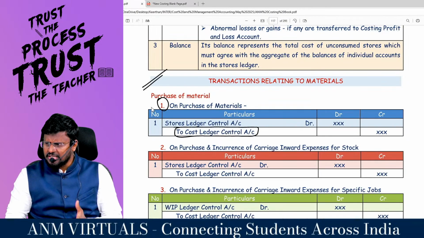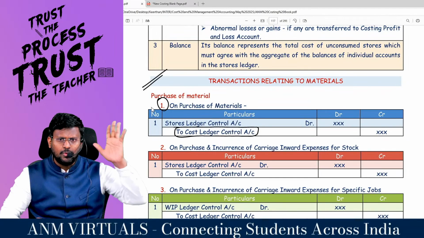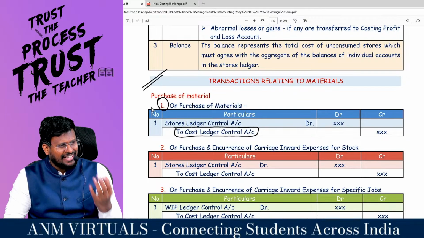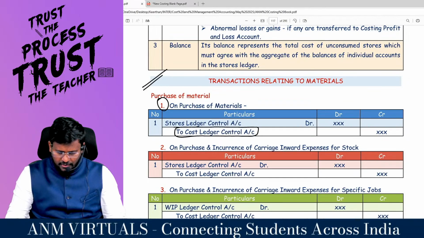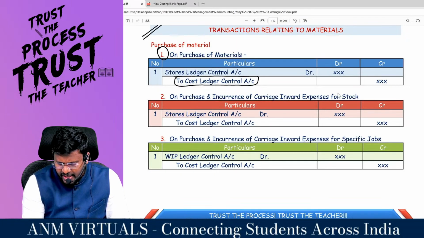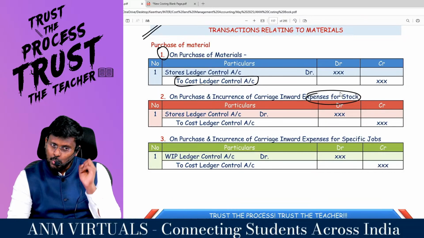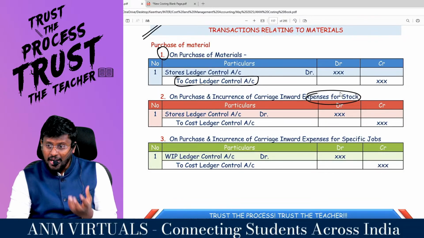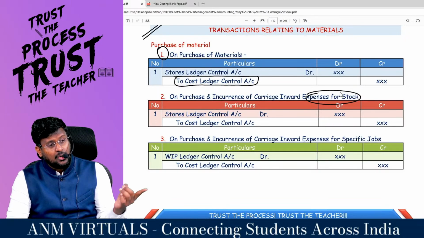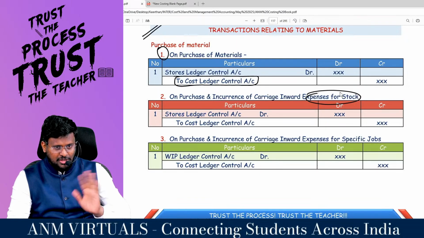When you are purchasing raw material, my dear lovable students, you have to incur direct expenses like freight, cartage, carriage. That's the next one: on purchase, incurrence of carriage inward expenses for stock. As per AS 2 in accounts, the same way in cost accounting we also have cost accounting standards, but that is not in the syllabus.